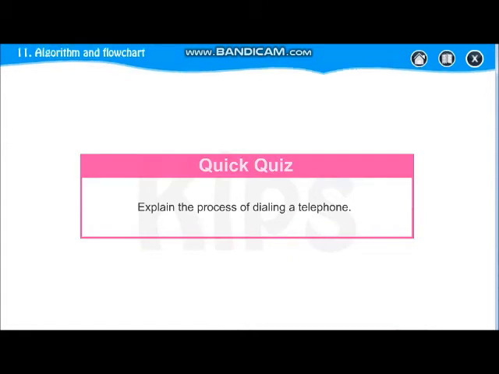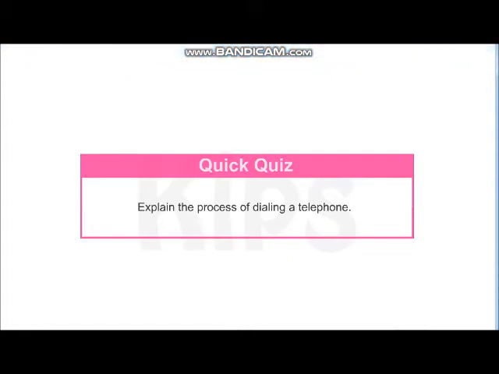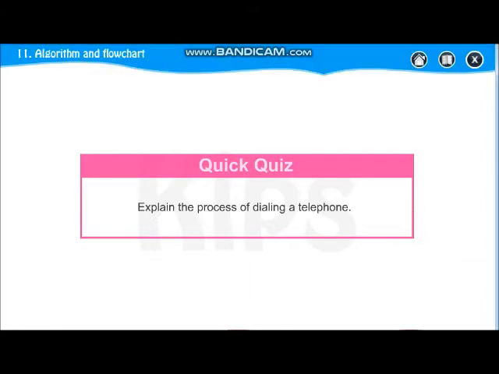Okay, so for calling, first you will take your mobile, then you will dial the number or search the name of the person, then select the SIM, then dial, okay, then it rings, then the friend will pick up the phone and then you will talk. So these are the steps to talk with your friend. So again this is your algorithm.